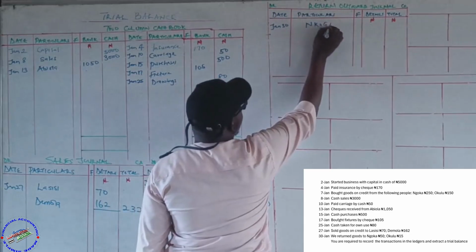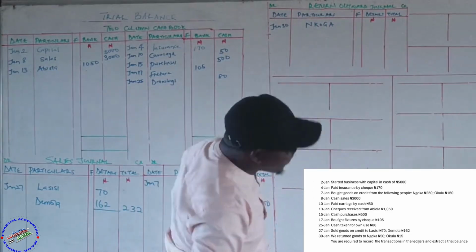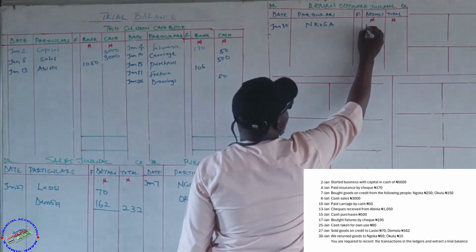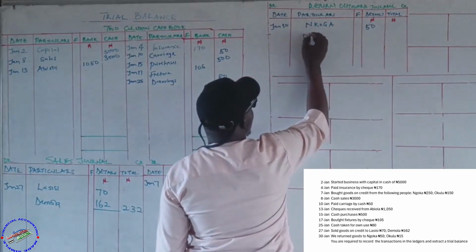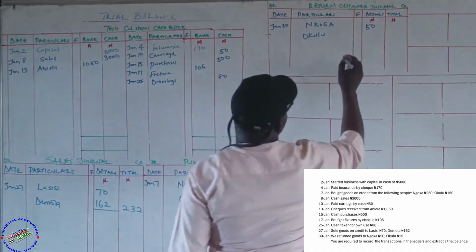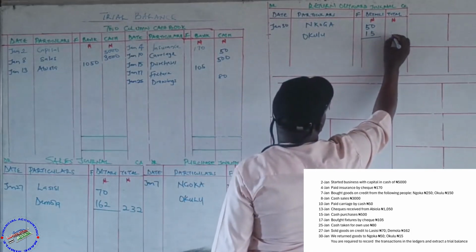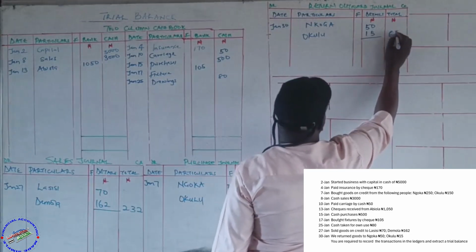Ngoka. How much? 50. Okulu. 18. So addition of these two give us 65 naira.